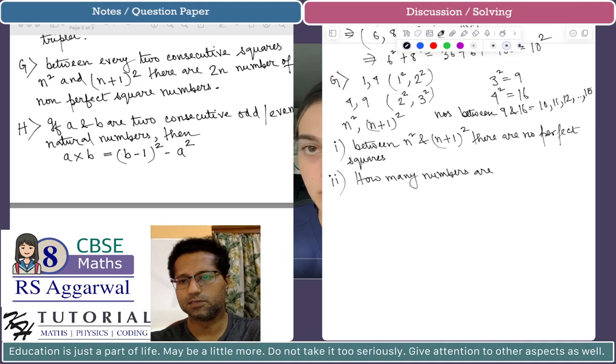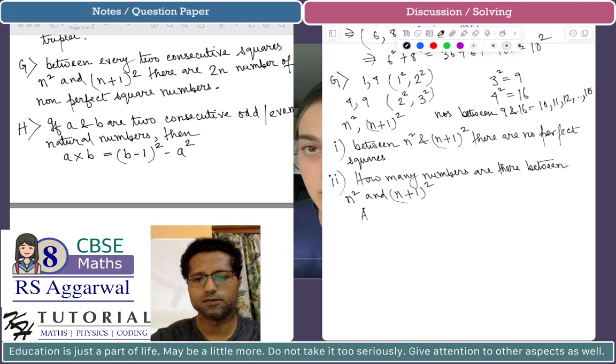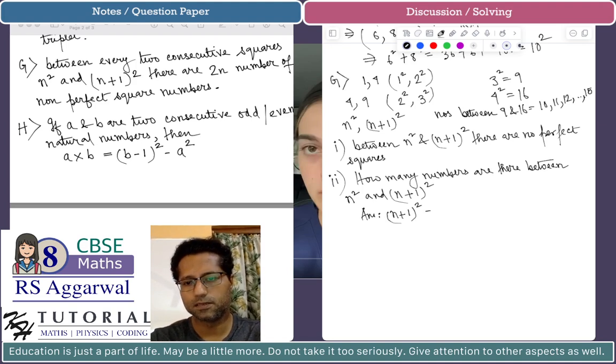So how many numbers are there between n square and n plus 1 whole square? The answer is n plus 1 whole square minus n square minus 1.